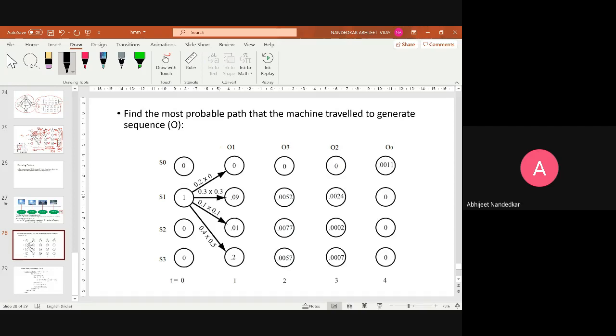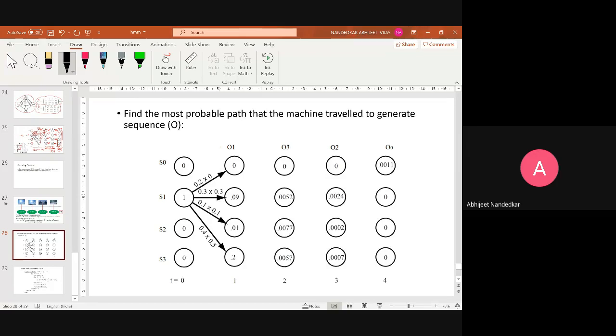Next, the alpha maximum is occurring at S2 here. So at time step 2, the machine will go to the next step here, and at time step 3, the machine will transit to S1. And finally, for time step 4, the machine will go to O0.